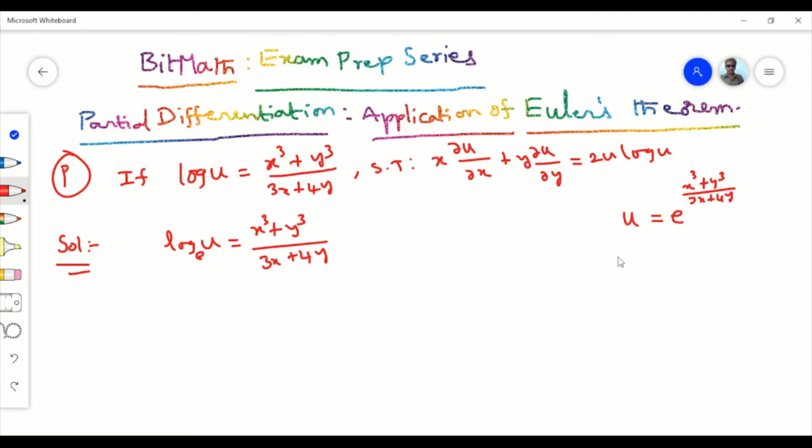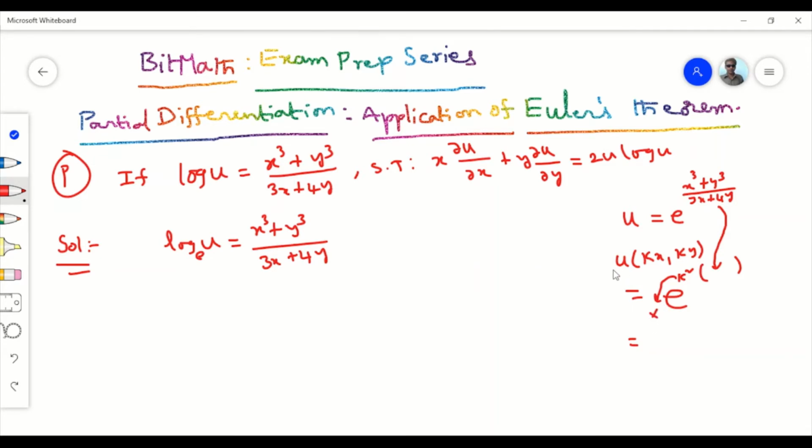So if you take u of kx comma ky, replacing x and y by kx, ky, you get e power k square into the same thing, because in the numerator you will get k cube, in the denominator k, so k square into something, and you cannot get this k square outside.